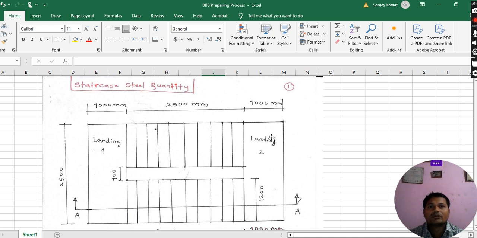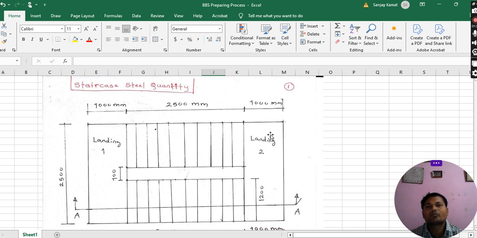Suppose we can't keep it horizontally, or vertical. Everything has a rule, a process, and according to the process and the rule we will do it. Let's say we have to prepare BBS of 11 or 12 stairs, 15 risers.